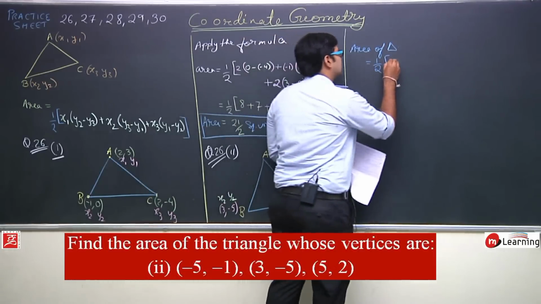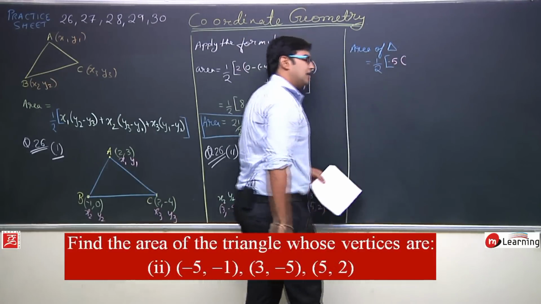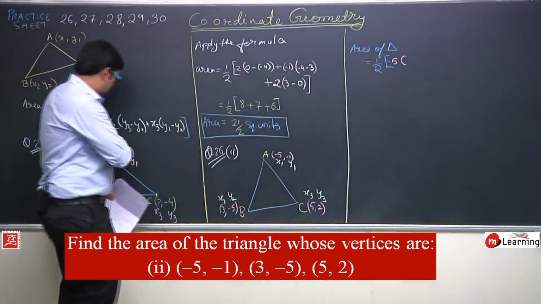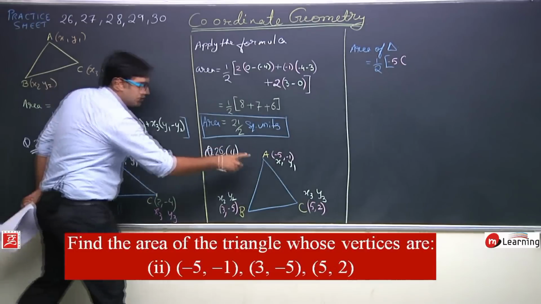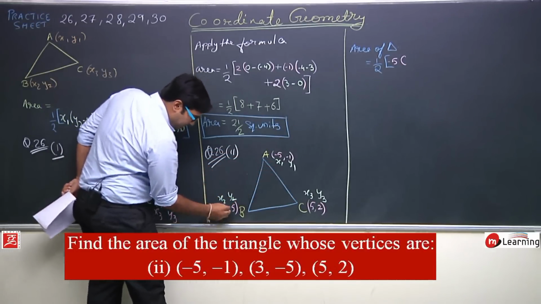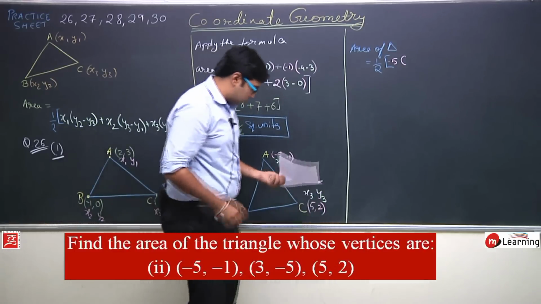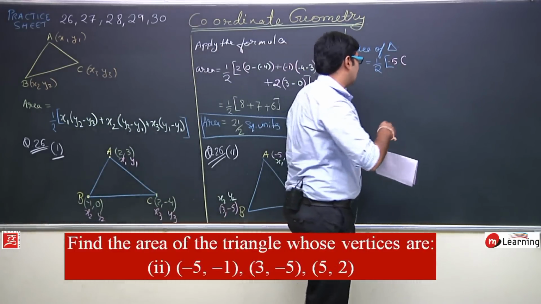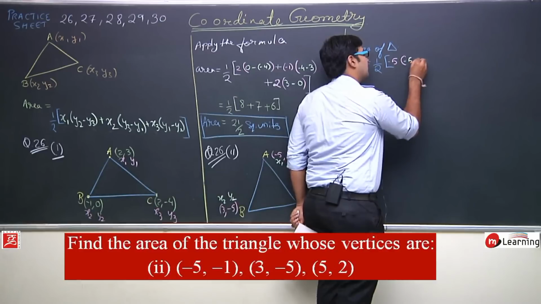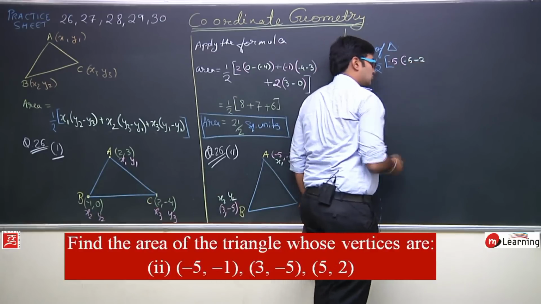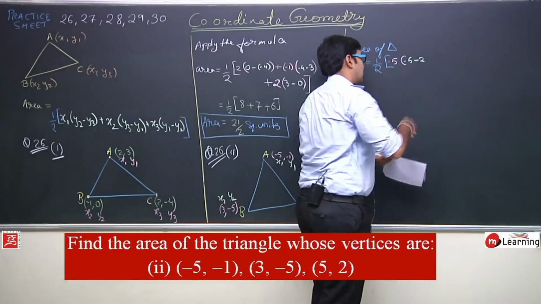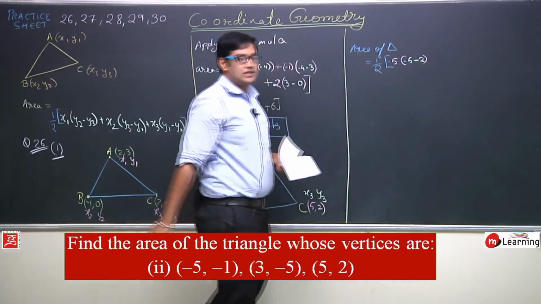So minus 5 into the bracket y2 minus y3. So what is y2? y2 is minus 5 and y3 is 2. So in the bracket you will get minus 5 minus 2. So this is the term y2 minus y3.